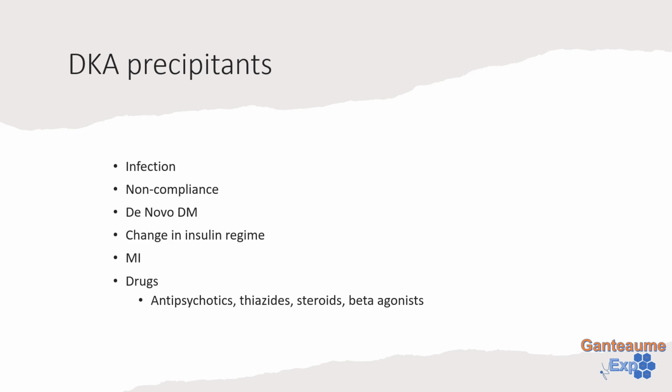Following this are changes in insulin regime. You also have myocardial infarctions, and these could really precipitate a DKA. Certain drugs like antipsychotics, thiazide diuretics, steroids and some beta agonists can also precipitate DKA.